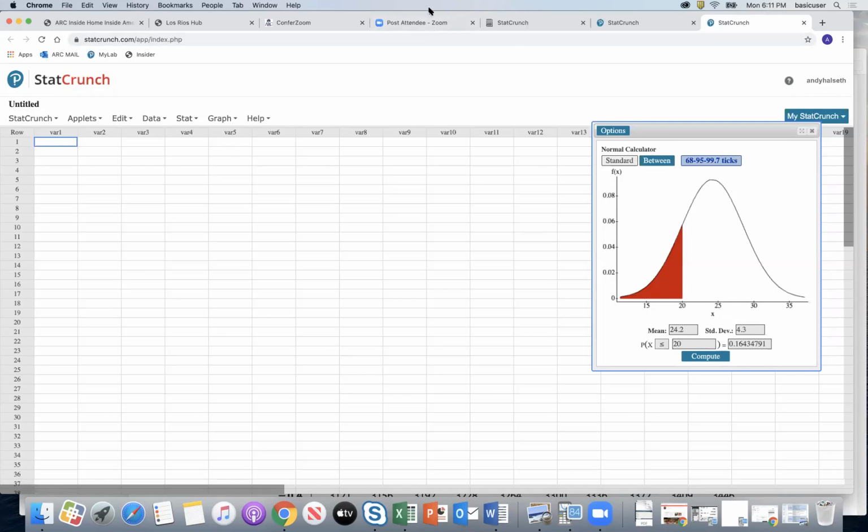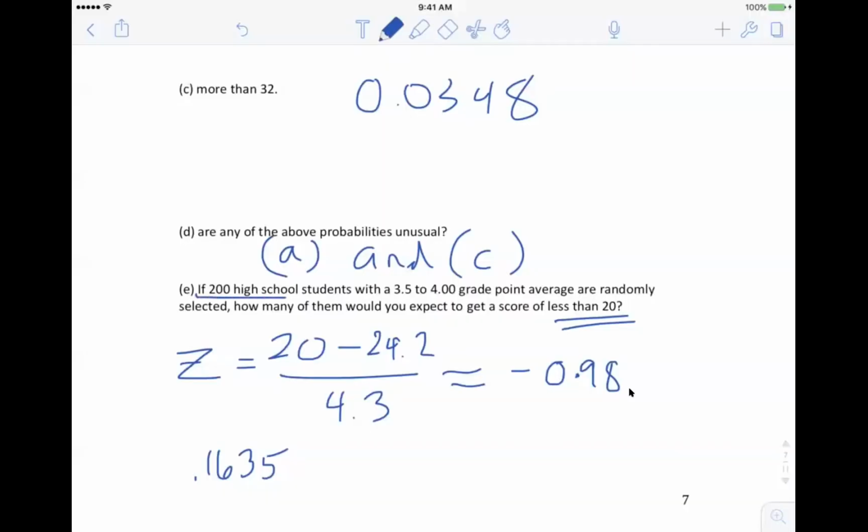So jumping back to the handout. It said, if 200 high school students are randomly selected, how many of them would you expect to get a score of less than 20? So we would expect about 16% of them to get less than 20.